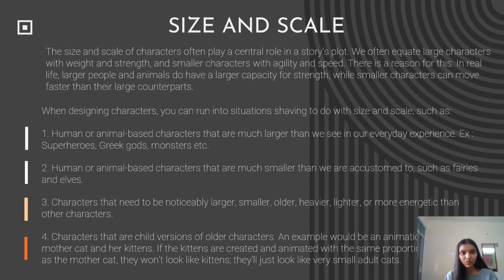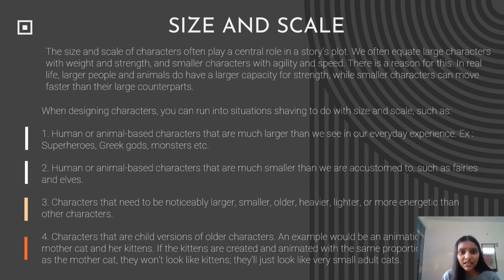Here are four examples where you can encounter such situations. First, human or animal based characters that are much larger than we see in our everyday experience, for example, superheroes, Greek gods, and monsters. Second, human or animal based characters that are smaller than we normally notice, such as fairies and elves.